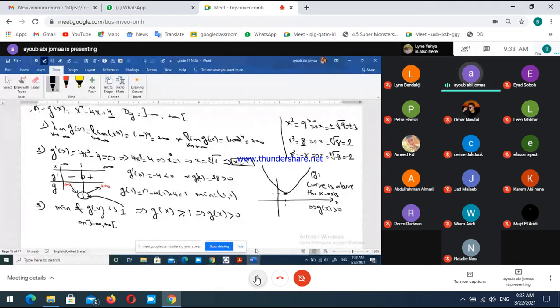So g of x is greater than 1, for every x in R. G of x is greater than 0 for all values of x.